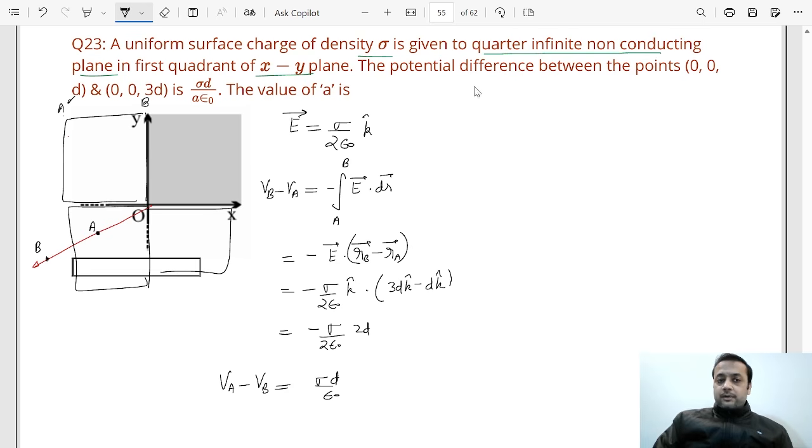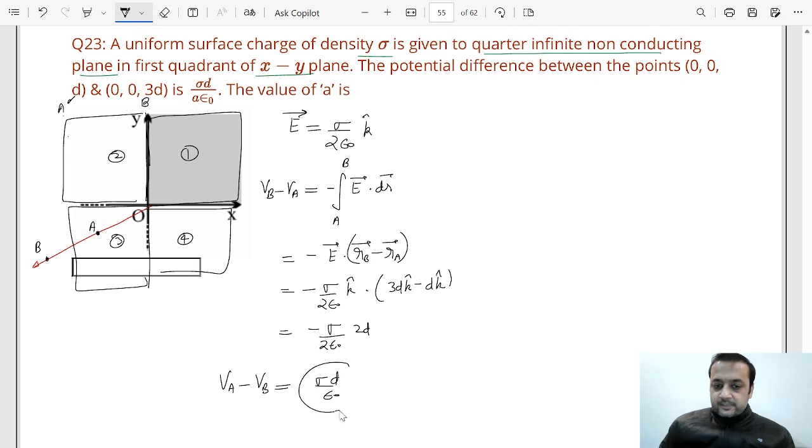But look, we have to find the potential difference due to just this quarter sheet. Now of course these points A and B are exactly symmetrical with respect to all 4 quarters. So you can see that the total of 4 quarters, quarter 1, quarter 2, quarter 3, quarter 4, together have created this potential difference.